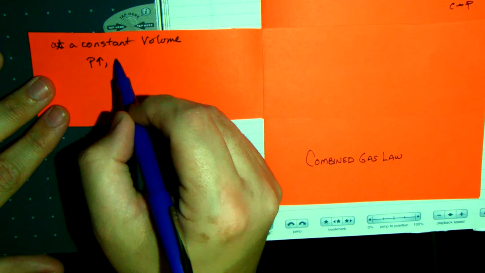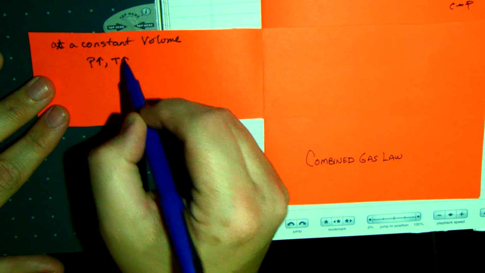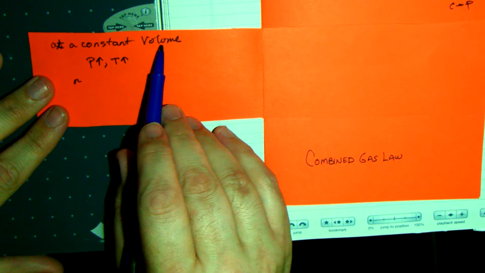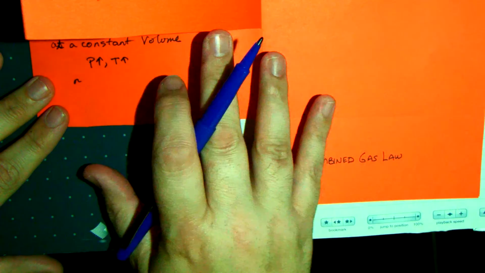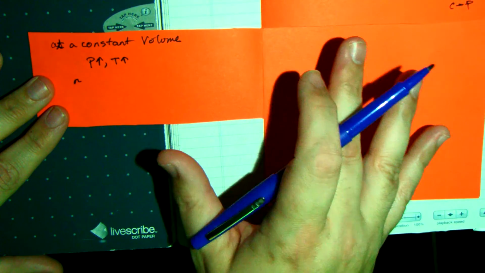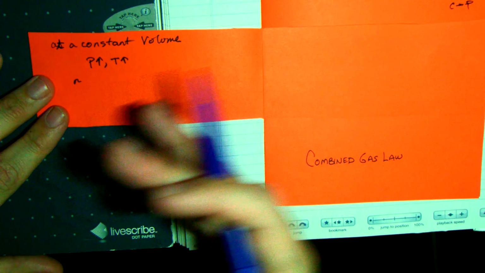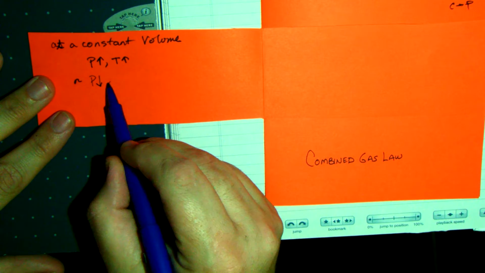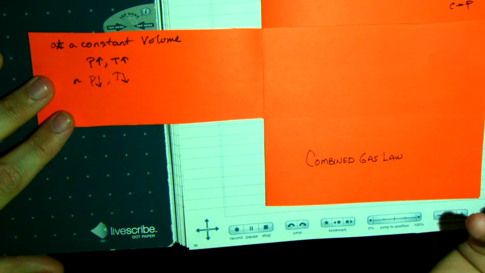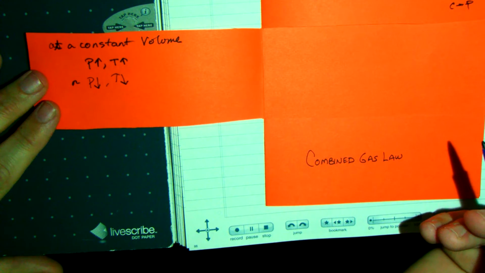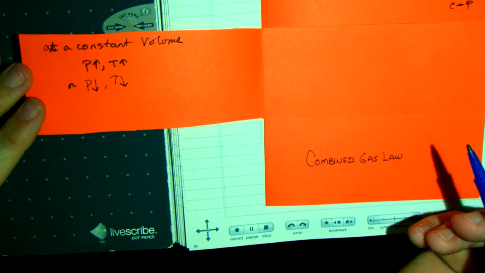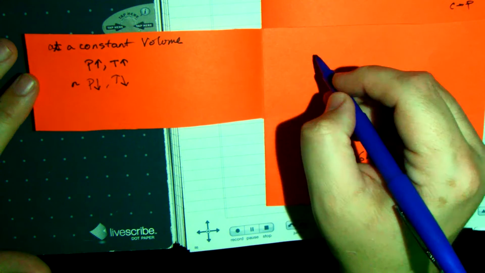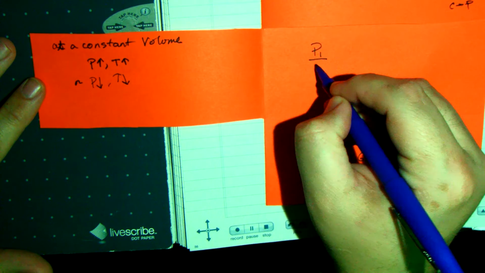Since the volume's constant, we're talking about pressure and temperature. We already talked about volume and temperature. Now we're talking about the relationship between pressure and temperature. As pressure decreases, temperature will decrease. So this is a way to kind of change boiling points and things like that, which is really cool. It's going to end up being P1 over T1 is equal to P2 over T2.